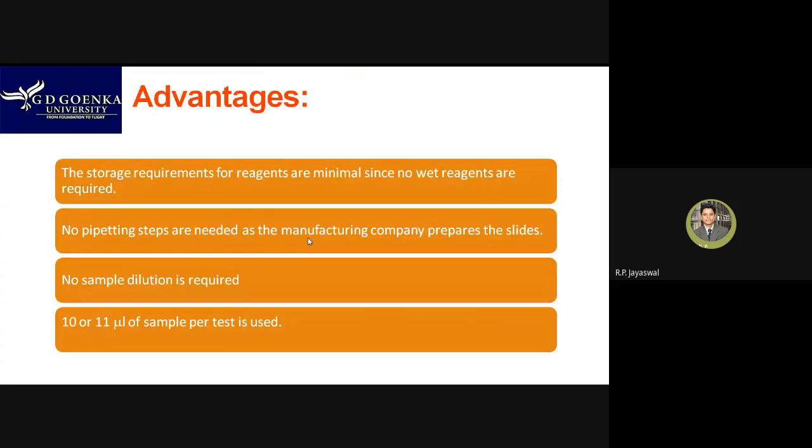It only requires 10 or 11 microliters of sample, and from that quantity you can measure the specific component present in the sample. If you want to do a glucose test, it can give glucose test results. If you want to do a triglyceride test or cholesterol test, whatever test you are doing, it requires only a small amount of sample, right?